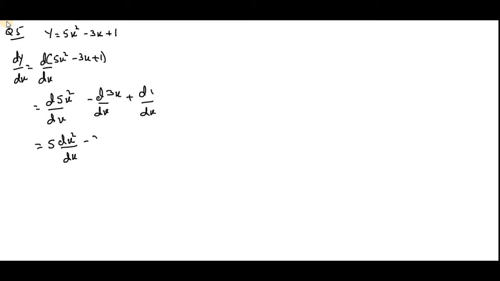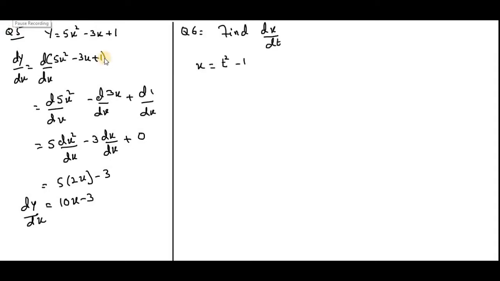So 5 d(x square) over dx minus 3 dx over dx and 0. Now 5 times 2x minus 3, that is 10x minus 3. This is our dy by dx.